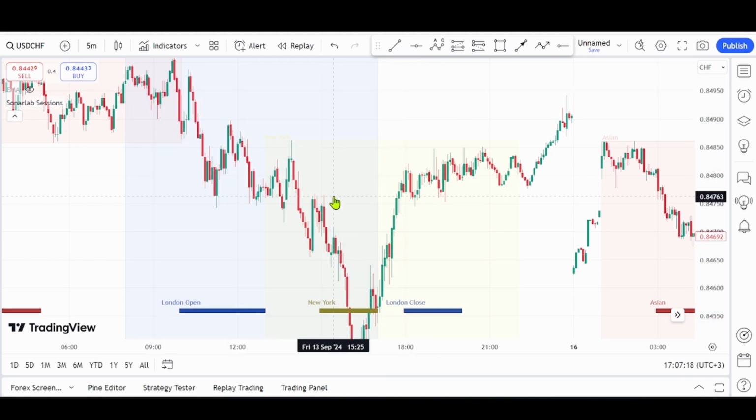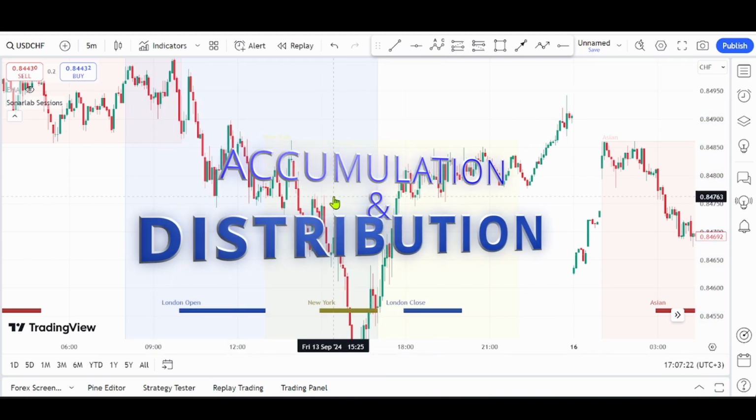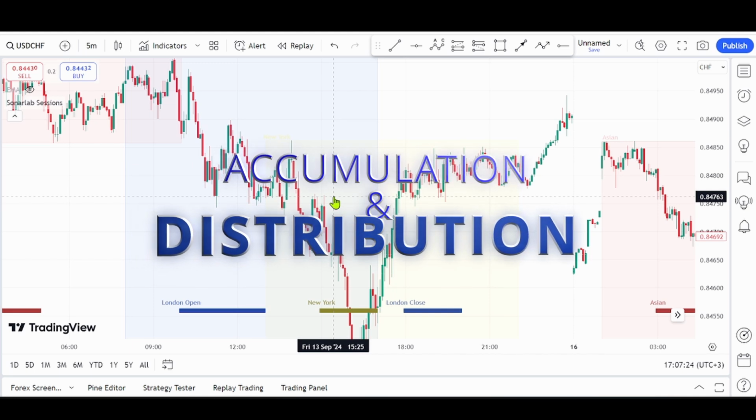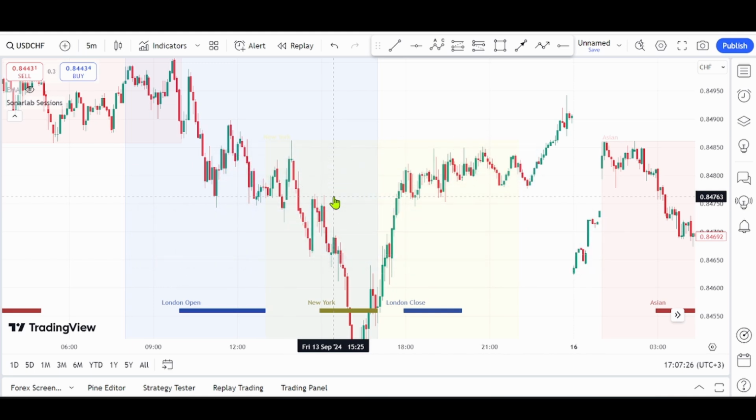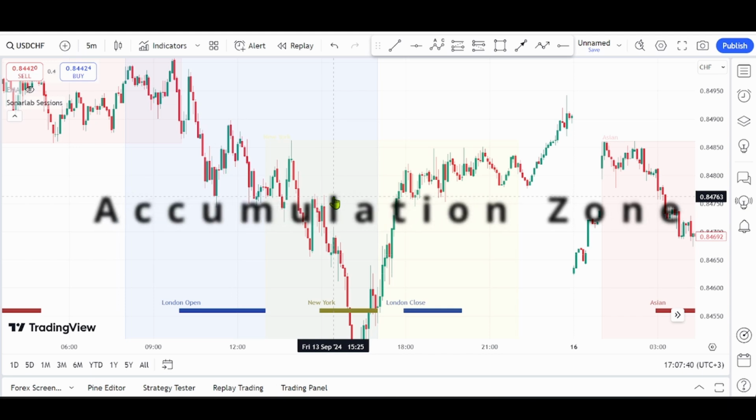Now the second scenario that we shall be looking at is accumulation and distribution, and there are things that you need to consider. Now we have 4 stages in the accumulation and the distribution, and the first stage is the accumulation zone.